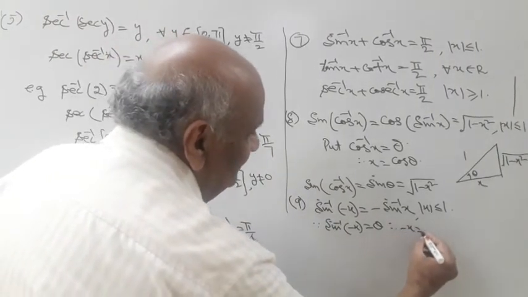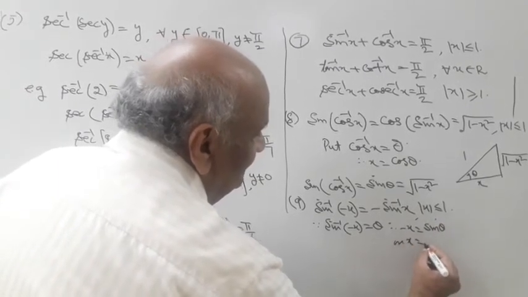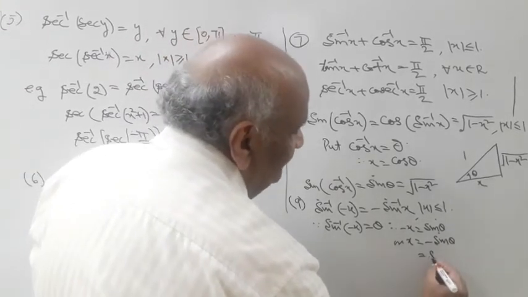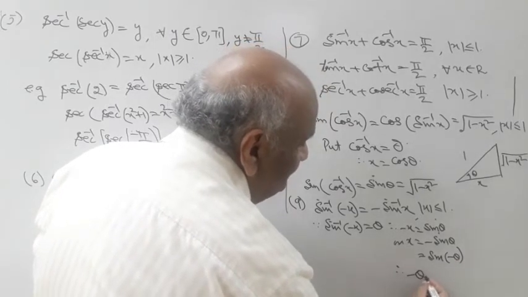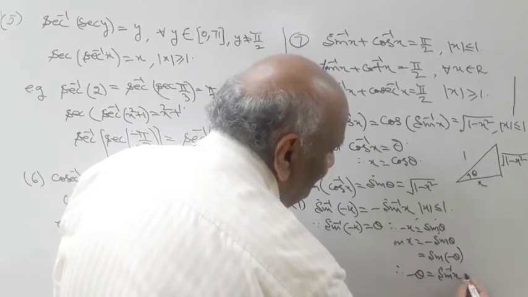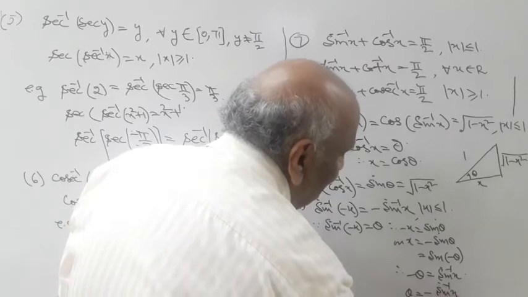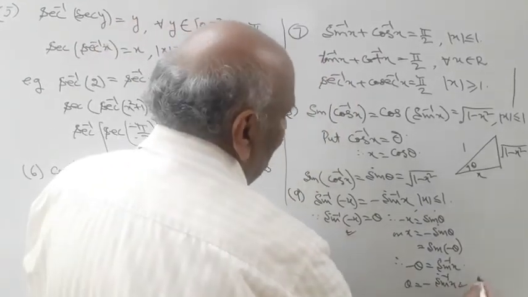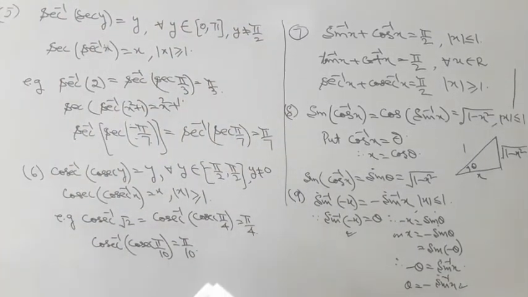Therefore minus x is equal to sine theta, or x is equal to minus sine theta. This is equal to sine of minus theta. Therefore minus theta is equal to sine inverse of x, or theta is equal to minus sine inverse of x. Therefore you can say from this and from this that sine inverse of minus x is equal to minus sine inverse of x.